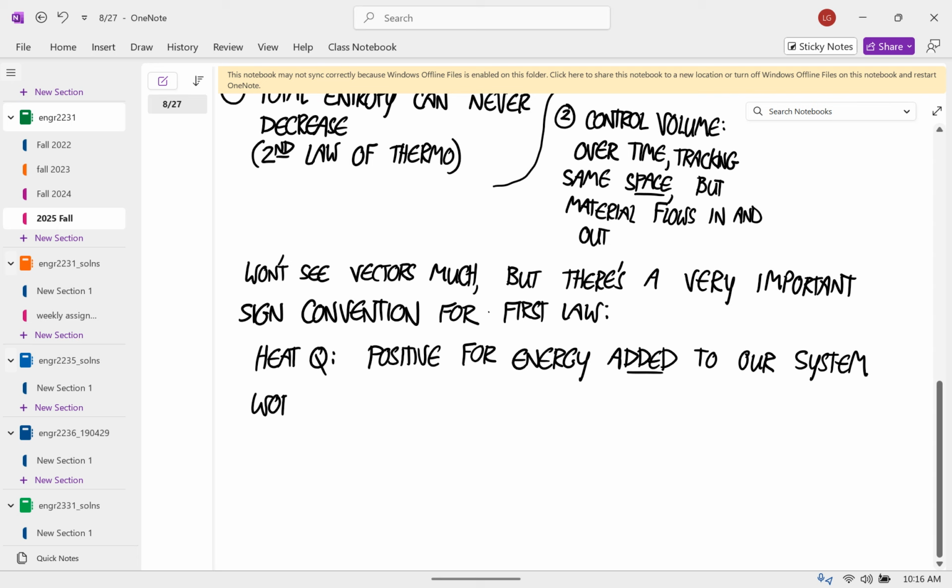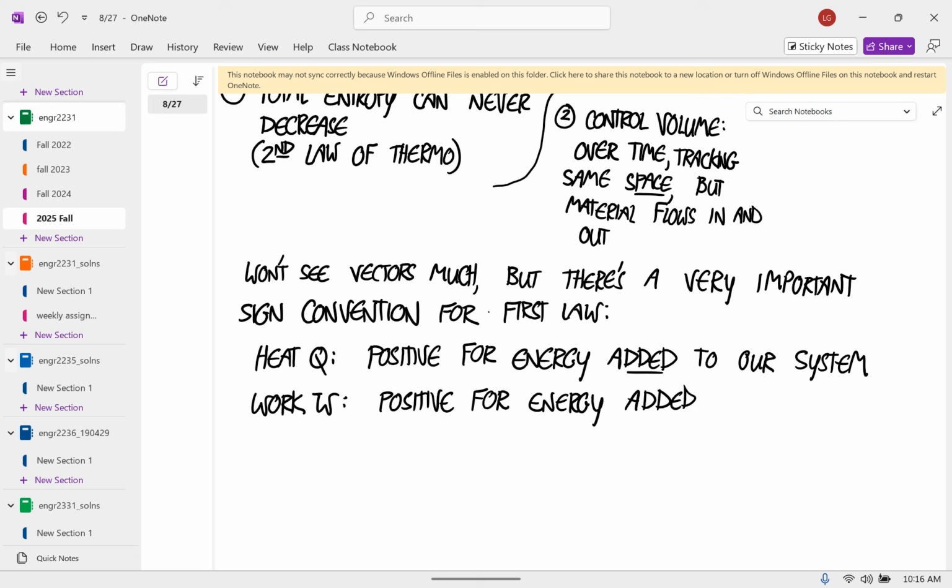And when we talk about work, W is going to be positive for energy added to the surroundings by the system.